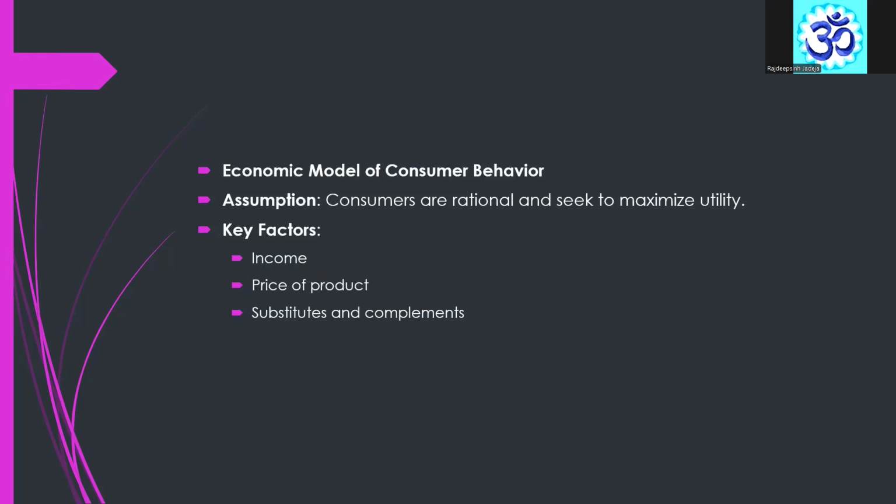My purpose is to write, and I don't need a diary. I just want to write something on paper, so I will go for the notebook. This way, substitutes and complements also impact the economic model of consumer behavior.